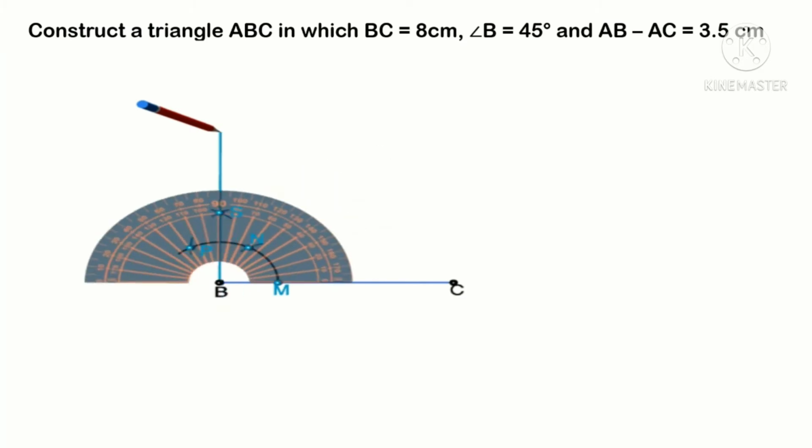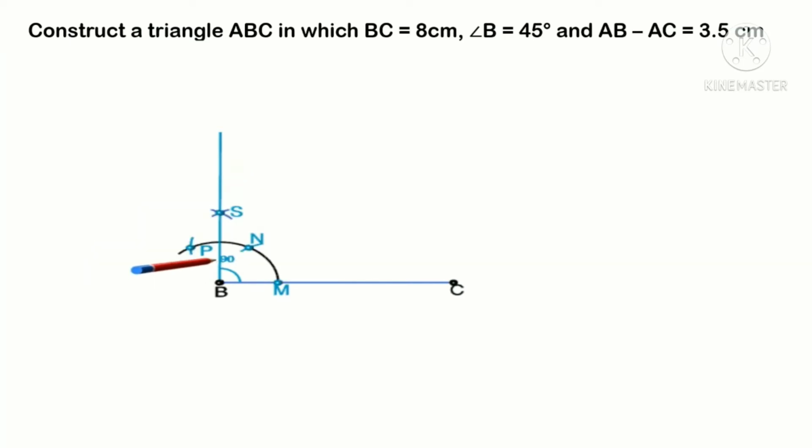You can confirm it by using a protractor also, but you need to draw it using compass and ruler only. Now I'm naming this point also. Now we are drawing an angle of 45 degrees. Actually, we are bisecting the angle of 90 degrees. You know how to draw it. So this is the angle of 45 degrees.